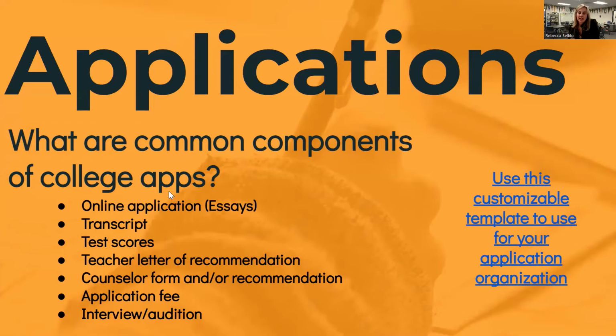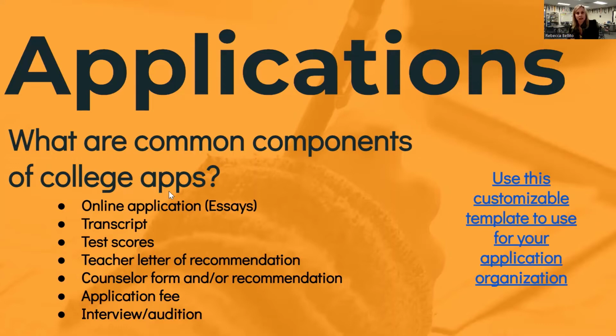First of all, it would be the online application, which would include essays if required, a transcript of your grades, your test scores, possibly, if they're not test optional or if you're choosing to send your test scores, a teacher letter of rec, a counselor form or a counselor letter of rec, the application fee, and then sometimes, but more infrequently, an interview or audition. And there are possibly other things to keep track of during your application season this fall.